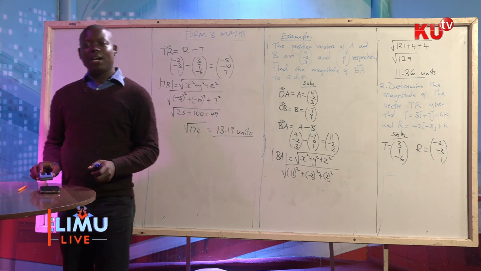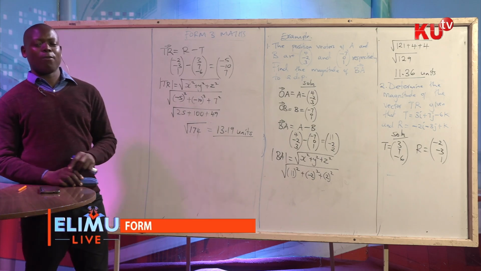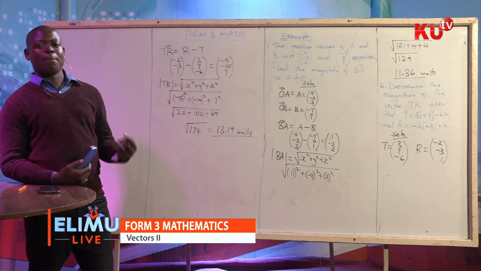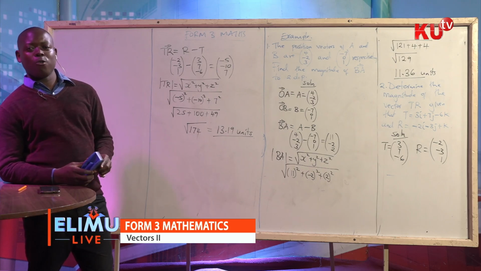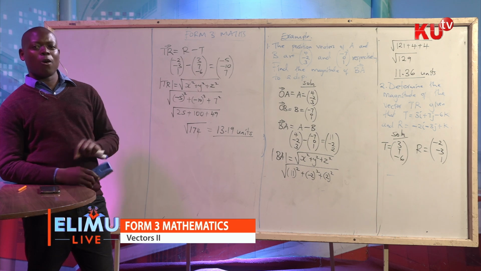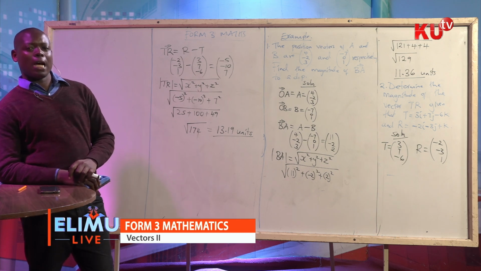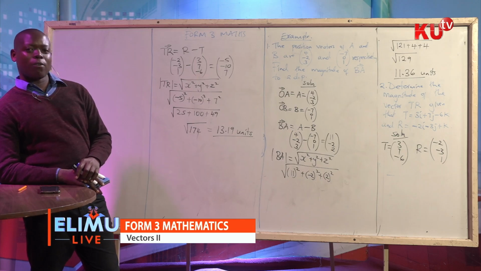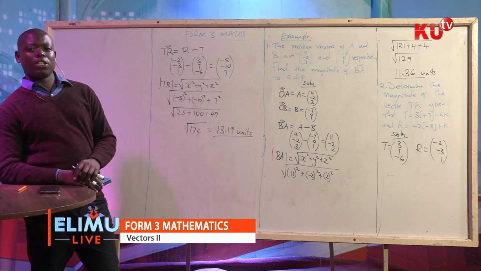Good. Where you find such a question, students, you ought to show the steps, because mathematics is about how you present your work. Make sure your work is orderly and straight to the point. You make it easier for whoever is marking to mark it with ease, and also be able to award you marks for every step, every stage shown.